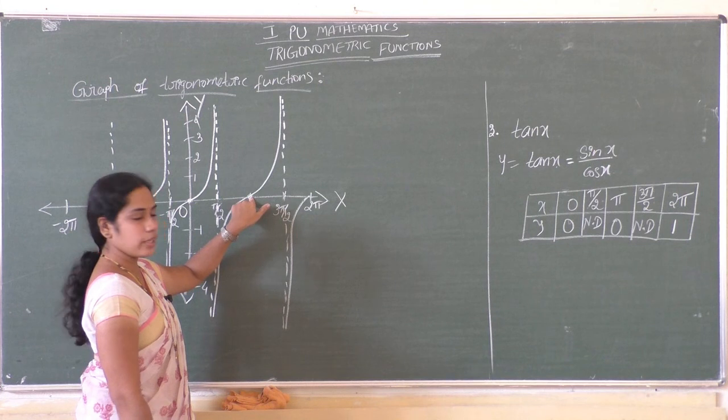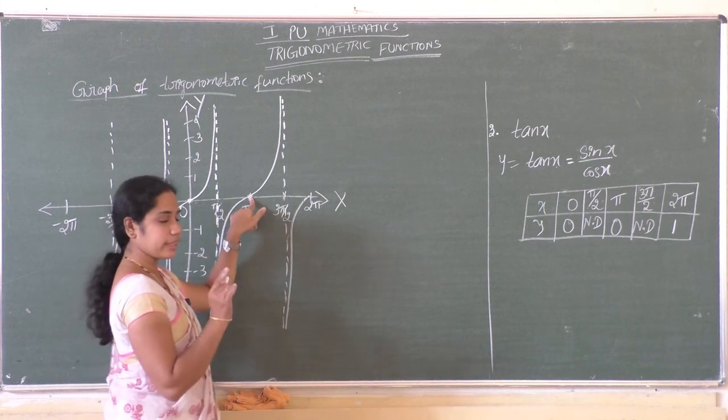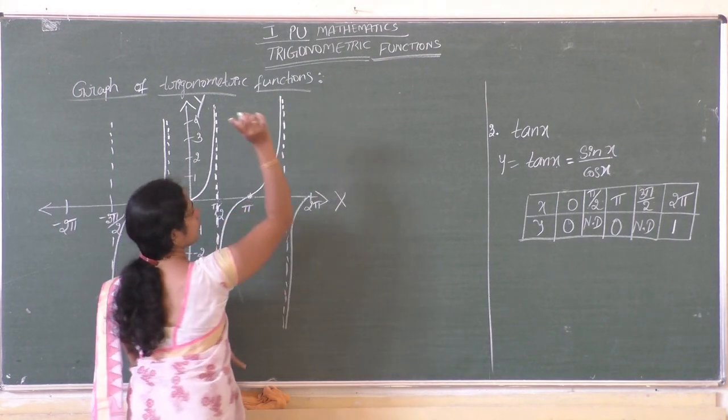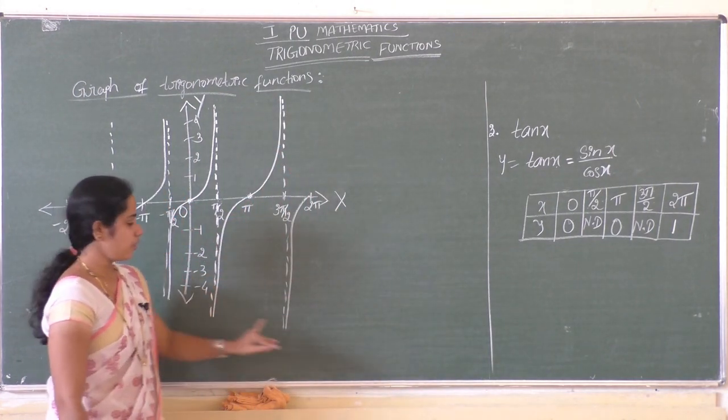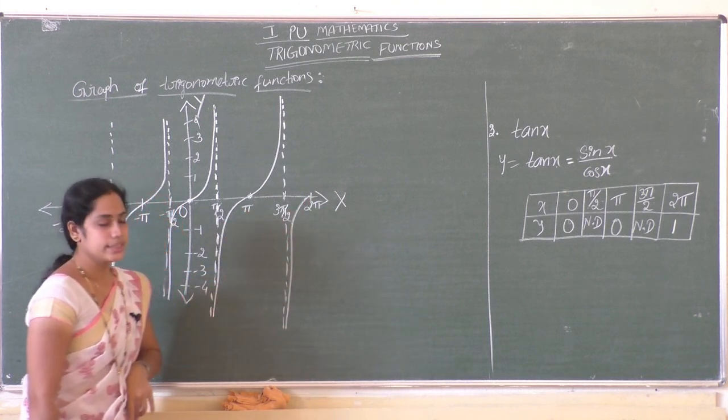Pi to 3 pi by 2, third quadrant. In the third quadrant tan is positive, so that increases from 0 to infinity. Fourth quadrant negative, so minus infinity to 0.